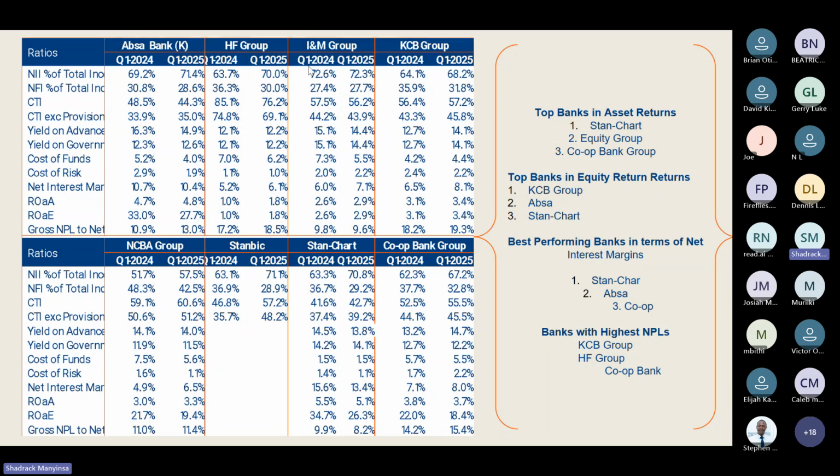As much as Housing Finance Group looks very lucrative in terms of the future, they recorded a very good profit in quarter one, which was almost equal to the first 3 quarters of 2024. But their mortgage book continues to affect their financial performance.